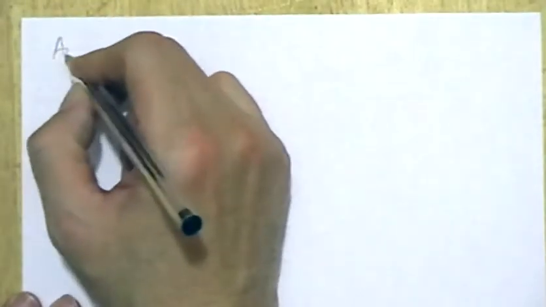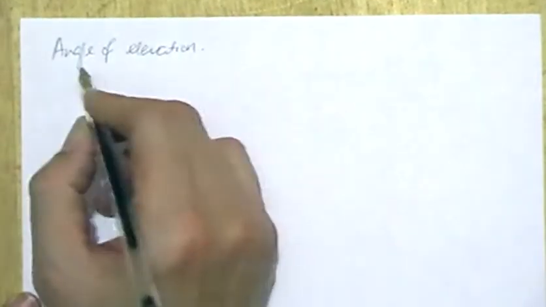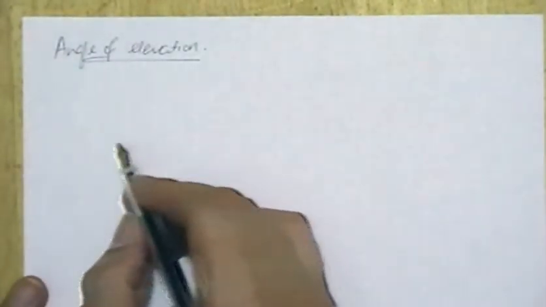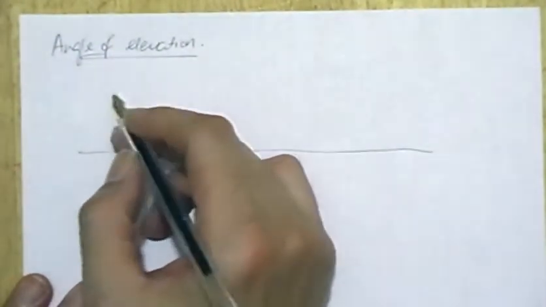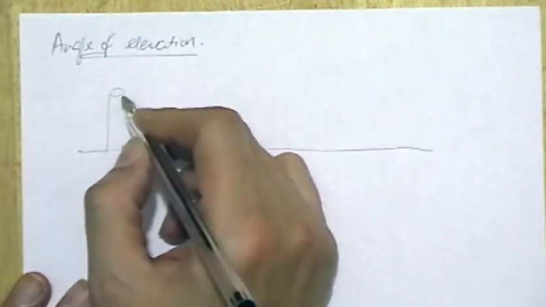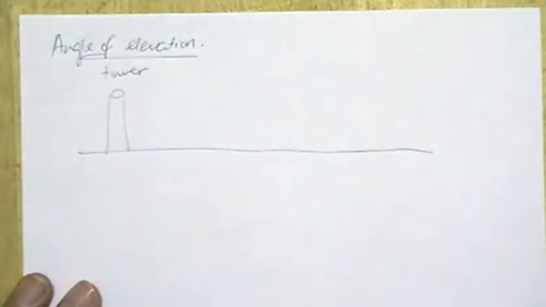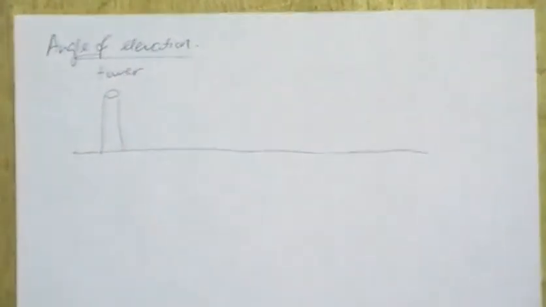Right, let's look at another question on angle of elevation. Okay, let's say that's the ground. Suppose that there is a tower, a tower of some sort.